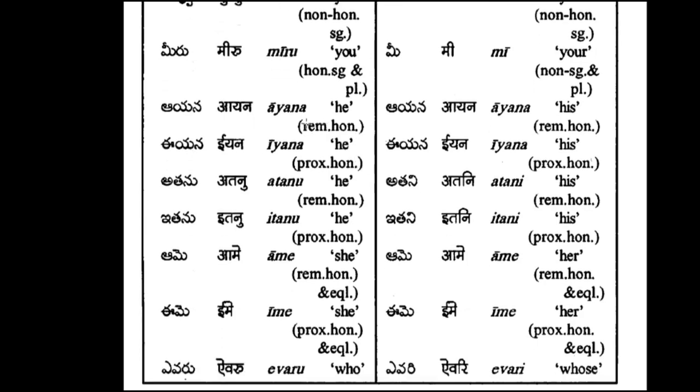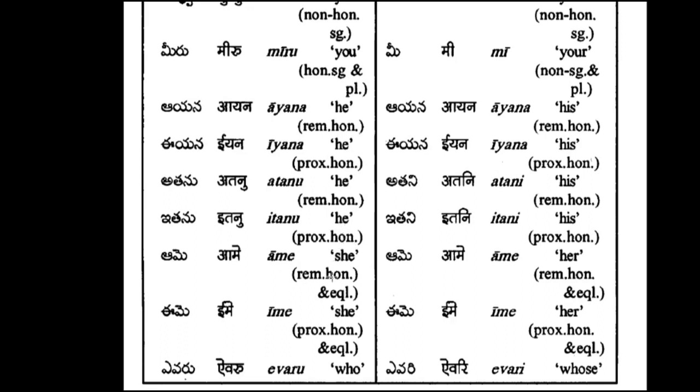REM means remote, means far. Ayana, PROX means proximity, nearby. And honorific subject. Atanu is remote, also honorific, but ayana is more polite. Itanu is proximate, honorific also.